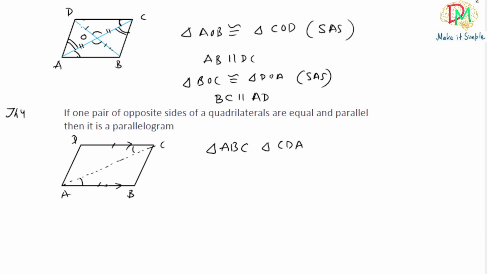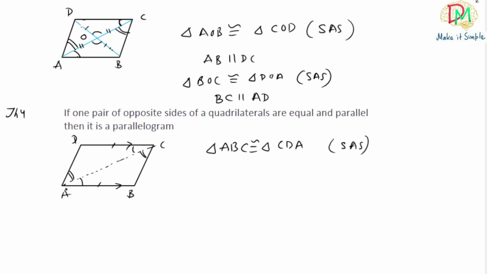what is common here? AB is equal to CD, and this angle CAB is equal to ACD, and also AC is the common side. So from side angle side criterion, we can say that these two triangles are congruent to each other. Clear? From here we can say that this angle equivalent to this angle from CPCT. And now look at this.